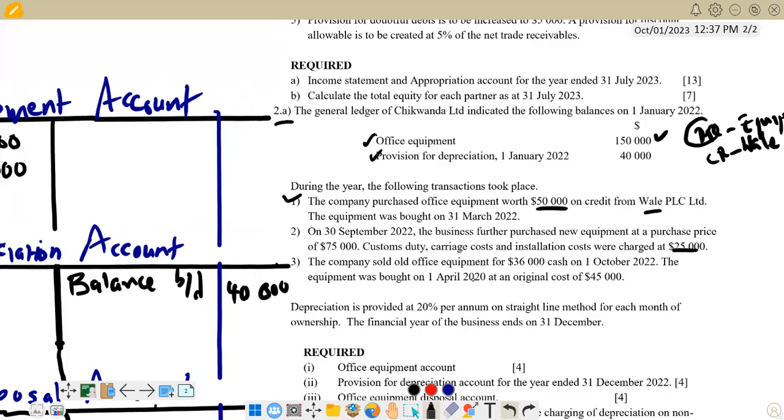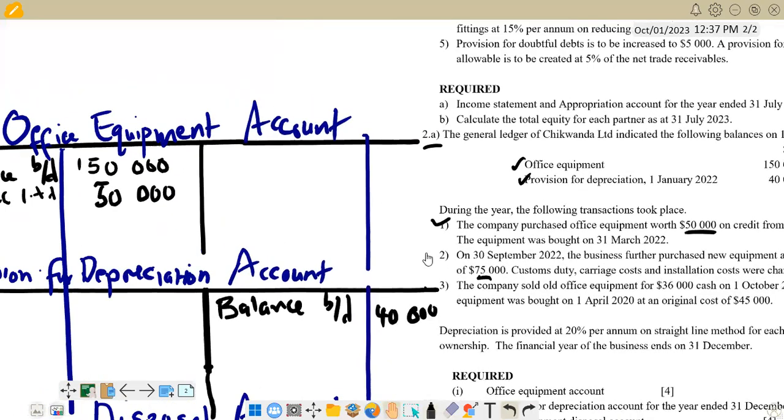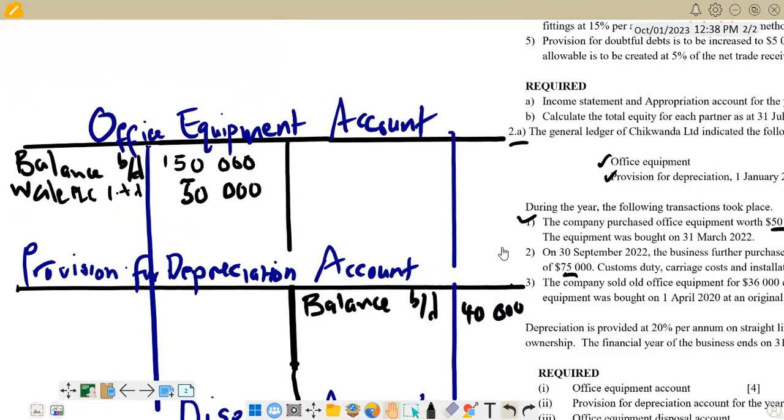These costs are capital costs, so they increase the value of this non-current asset. So we are going to add 75 plus 25, and we get 100,000. That is going to be our cost for that asset.